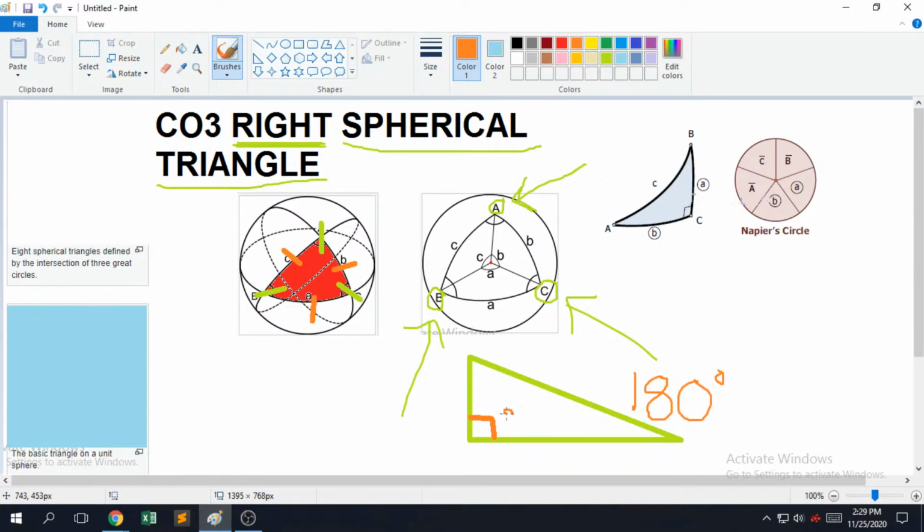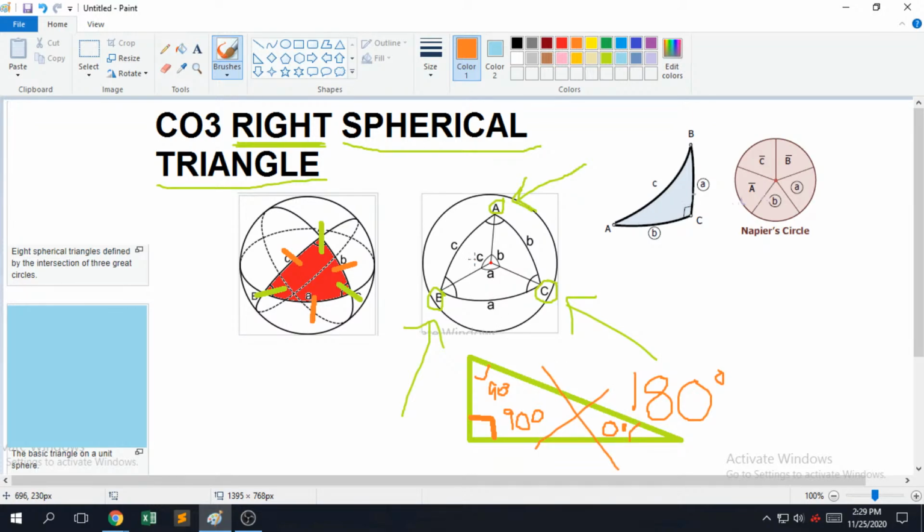So if you have 90 here, it would be impossible to have another 90, because then you will be left with 0 on the third angle, and that's impossible.